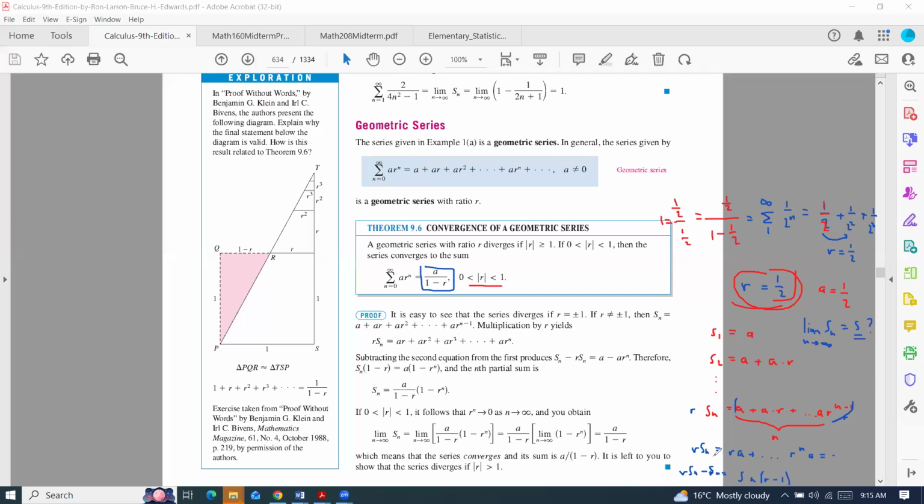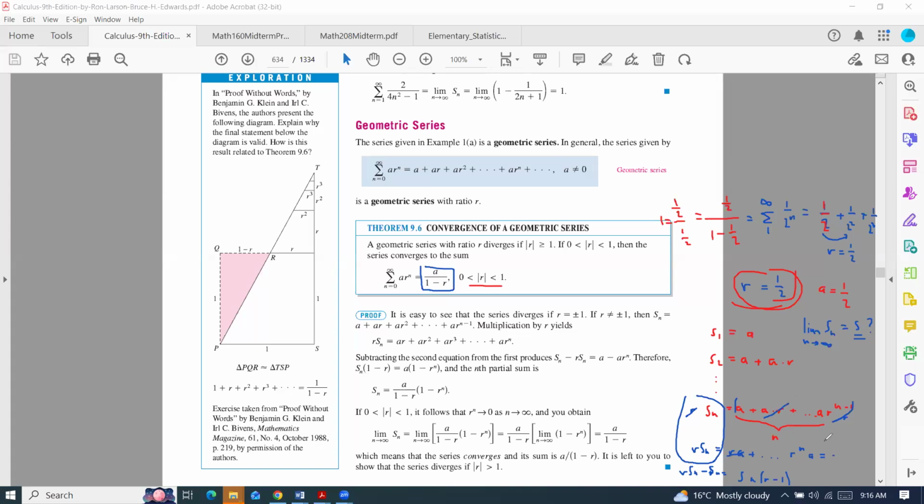And here, if I actually do the subtraction, Sn minus r times Sn, I notice that if I subtract from the first row, they cancel, and so forth.